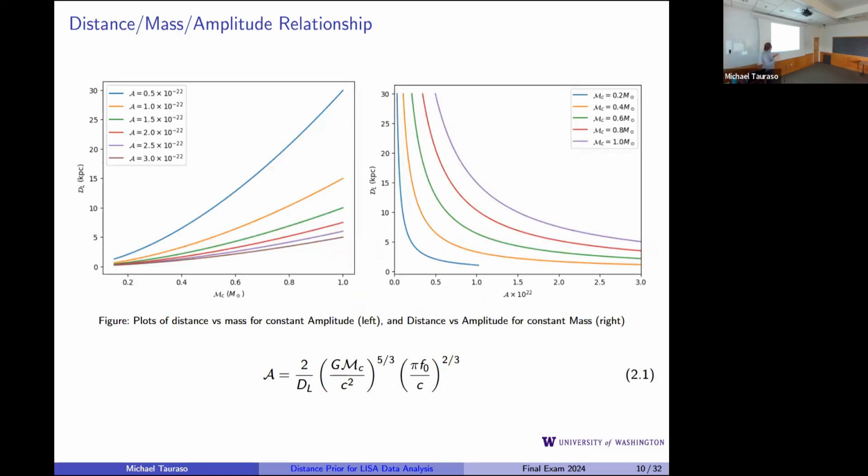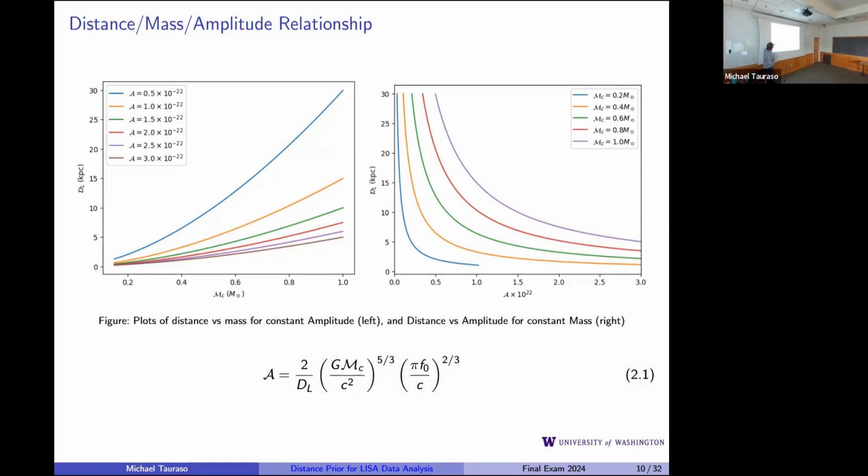These are some plots to get one's head around the distance and the mass relationship. You can see these are distances on the y-axis, and then I've got the chirp mass here, so heavier stuff's over here, lighter things are over here, and then I've graphed essentially different loudnesses of the gravitational wave.